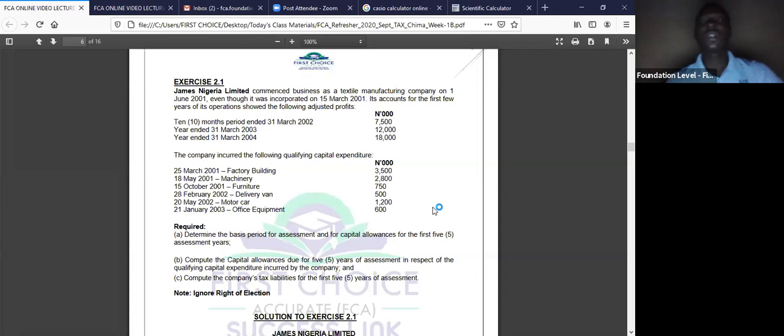Now, the company started on... through basis period will start, and that will also be the starting of the basis period for capital allowance. Now, they said it was incorporated on 15th of March 2001.